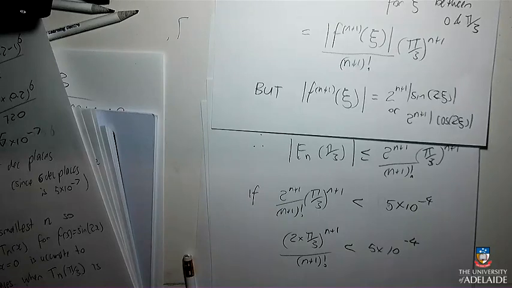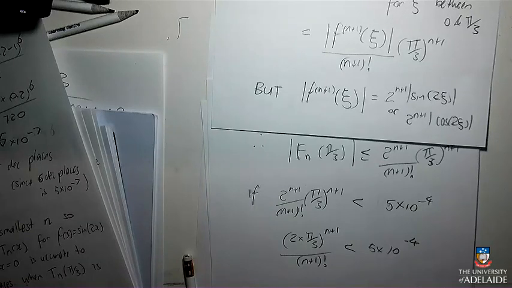So 10 factorial is huge, and 2 to the 10 is only 1,000. So I'm going to guess 10 and ask my calculator. So 2 times pi on 3 to the power of 10 divided by 10 factorial.